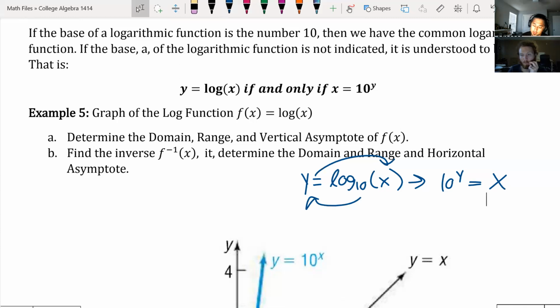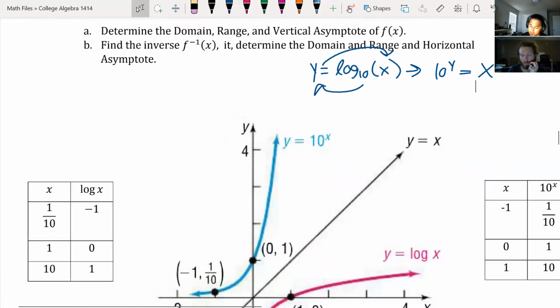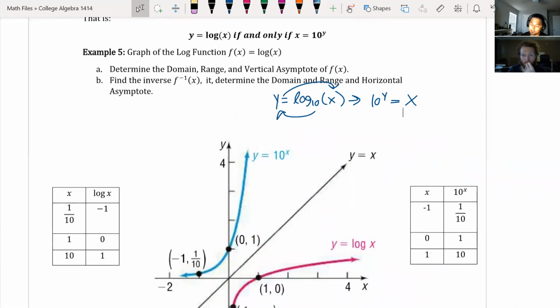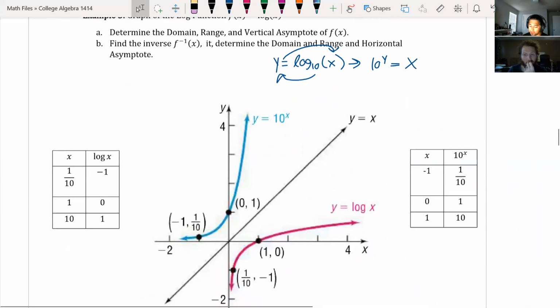Okay. So to save some time, I have the log function and its inverse graphed already. But of course, we're going to find the inverse algebraically. For the log function, the best numbers to choose when graphing are 1/10, 1, and 10. The reason we choose these is because of the outputs.